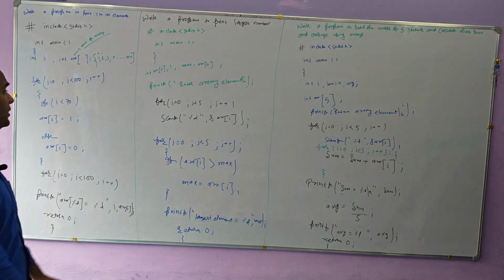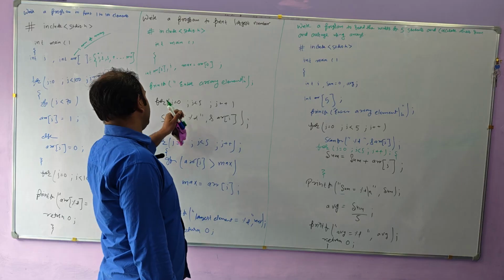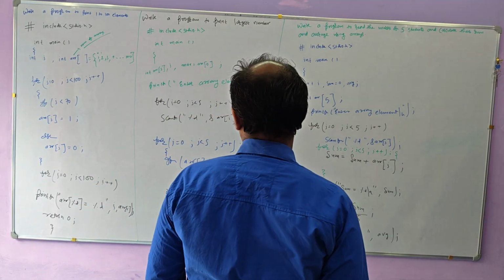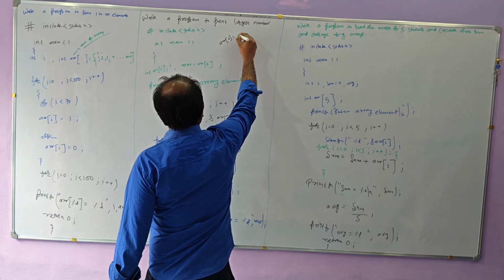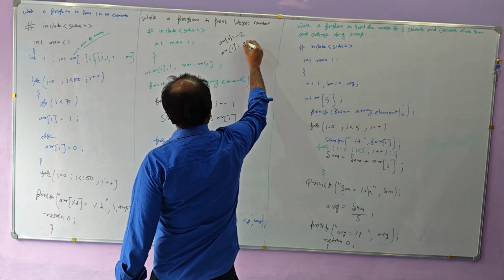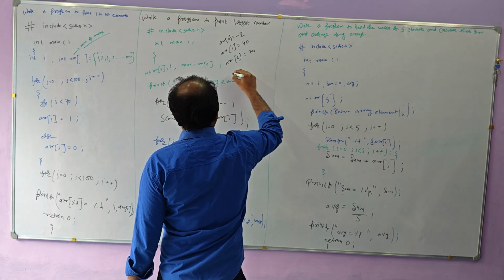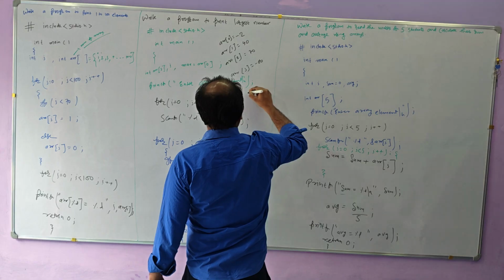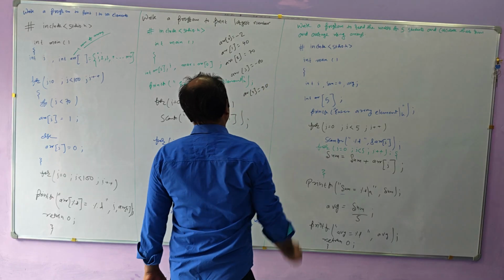Now we get a result. Suppose we have given input like this: AR0 is -2, AR1 is 40, AR2 is 70, AR3 is -60, AR4 is 90.